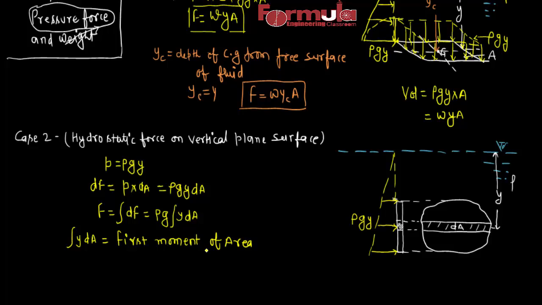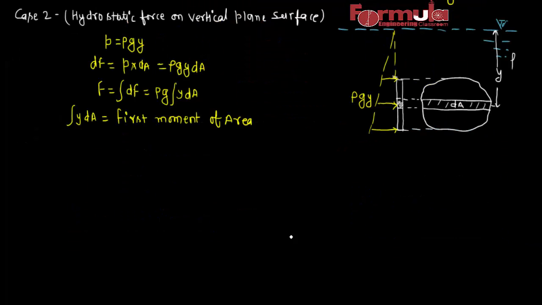And how can we calculate this one? To understand this one, suppose there is some I section.